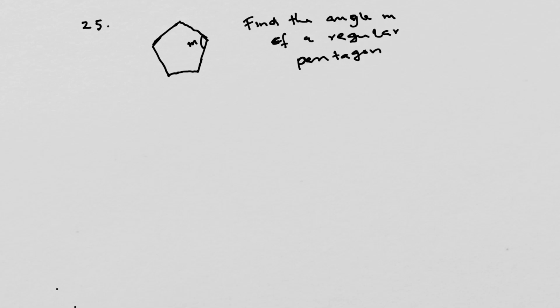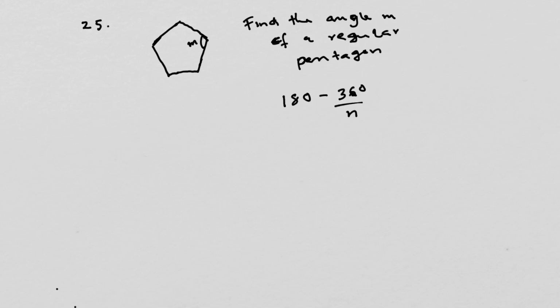Question 25. For this question, we are finding one interior angle of a regular pentagon. The formula for finding the interior angle of a regular polygon is 180 minus 360 over n, where n is the number of sides of the polygon. Here we have a pentagon.